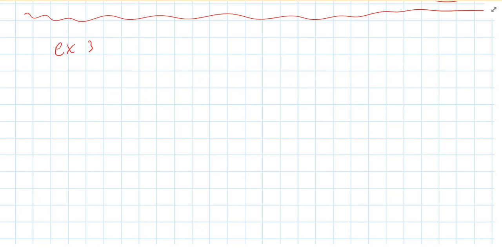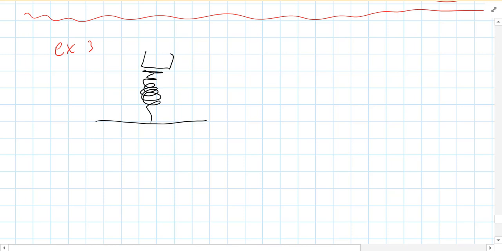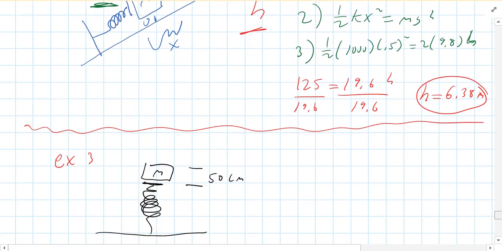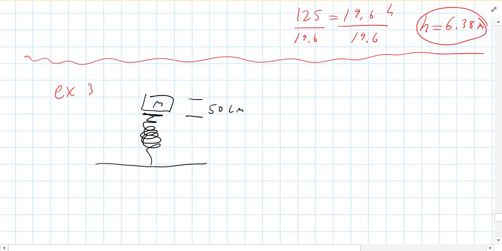Okay, let's say I now do the following. Let's say I got the floor. I have the same spring constant, 1,000. I have the same book, mass of 2 kilograms, and I compress it 50 centimeters again. Okay, and now what I'm going to ask is... oh, I'm sorry.